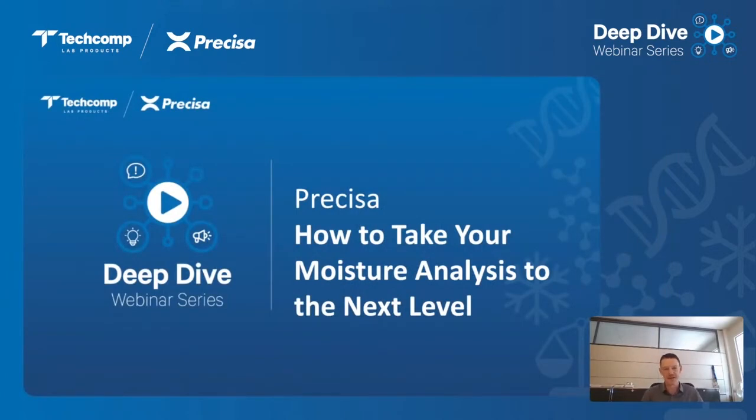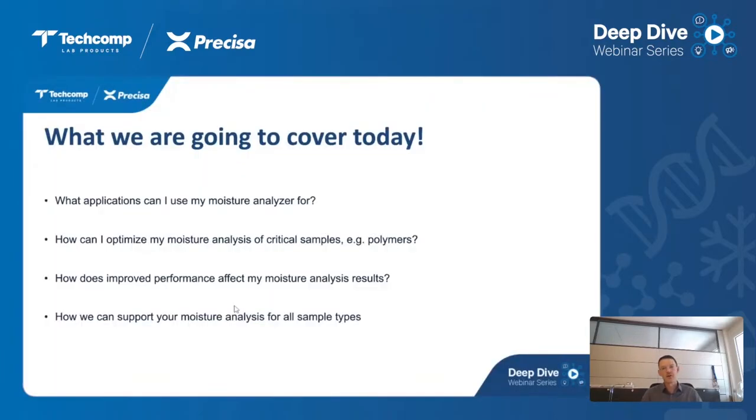As Neve has already said, this deep dive is about how to take your moisture analysis to the next level. What we are going to cover today: first of all, we will have a general look at what applications I can use my moisture analyzer for.